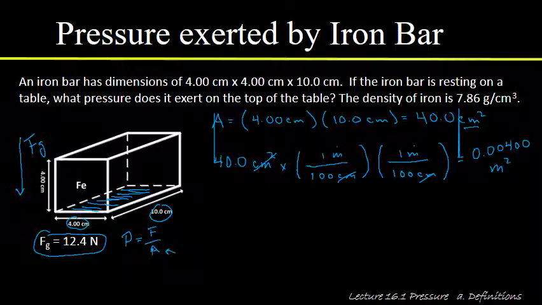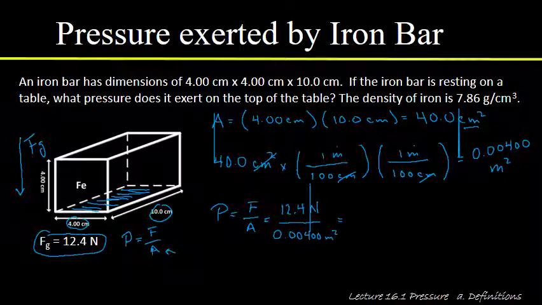And now we're almost there. We can calculate our pressure. Pressure is just force divided by area, and we've already calculated our force, which is 12.4 newtons. We calculated our area, which is 0.00400 meters squared.